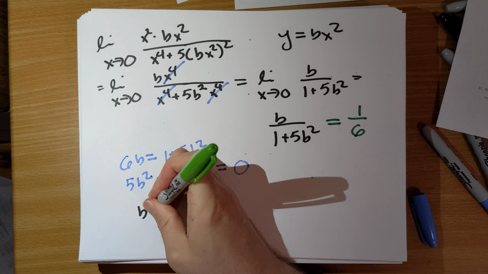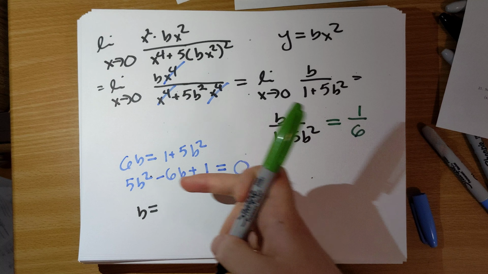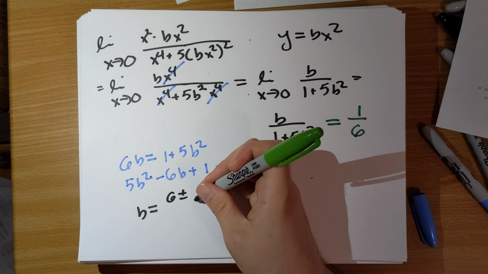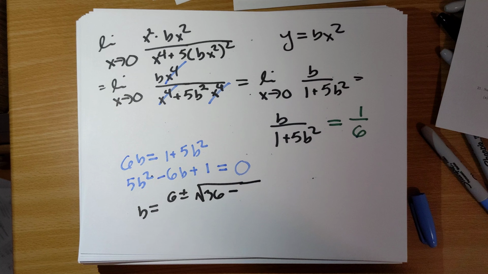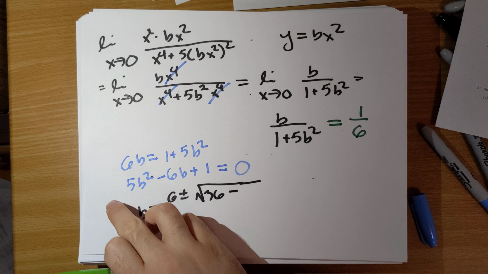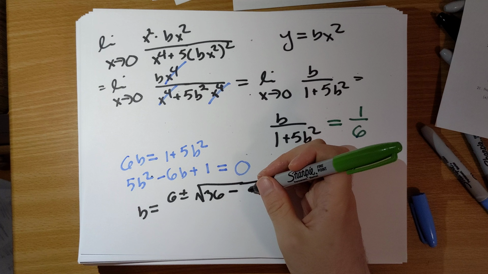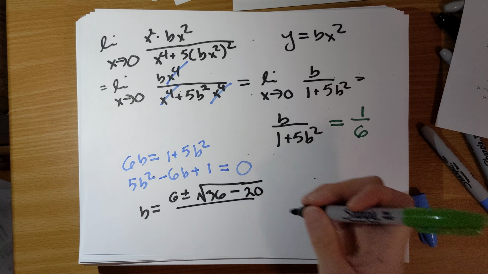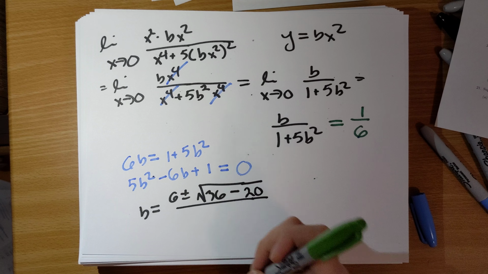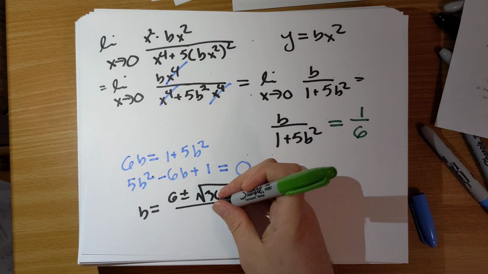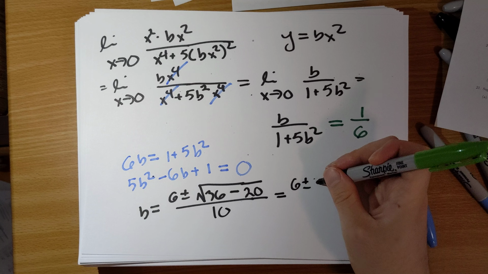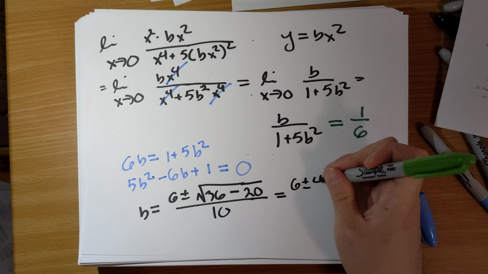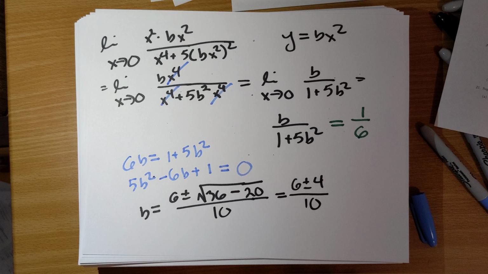So b is going to equal negative b, so that's 6 plus or minus the square root of 36 minus 4 times a times c, so that's 4 times 5 is 20, all of that over 2 times a, all that over 10. 6 plus or minus the square root of 16, which is 4, all over 10.